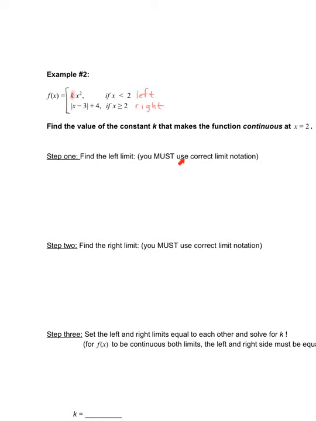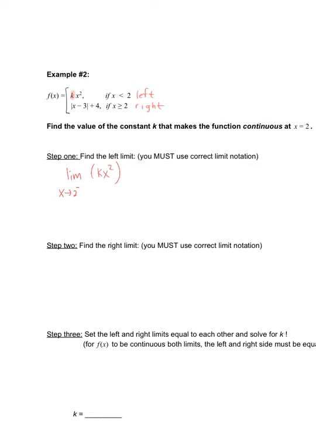In these examples, you have to use correct calculus limit notation. So it looks like this. For the left limit, it's the limit as x approaches 2 from the left. We use our left function, which is kx squared. Okay, now we have a limit problem. We can do direct substitution.